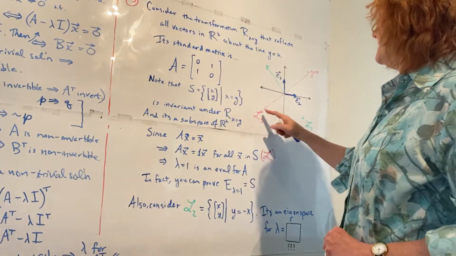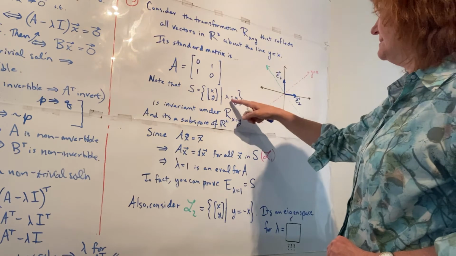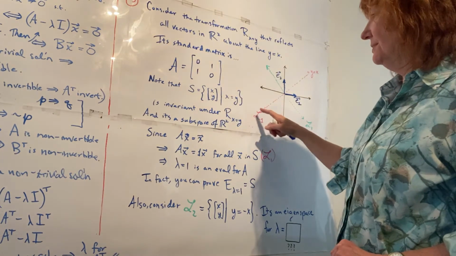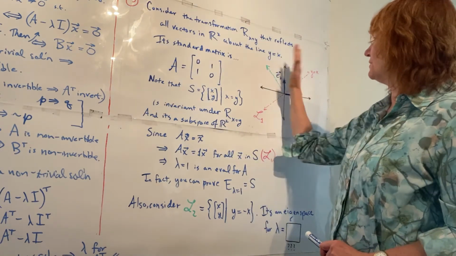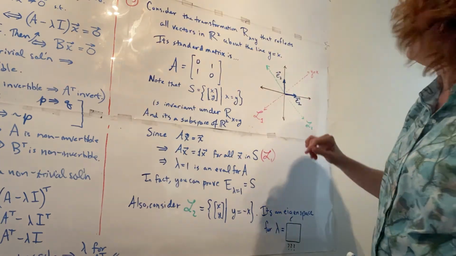Now notice that the set of all vectors (x, y) where x is equal to y, in other words, line L1 here, is invariant under this transformation, under this reflection, right? If you reflect across a line, you don't actually move anything on that line.